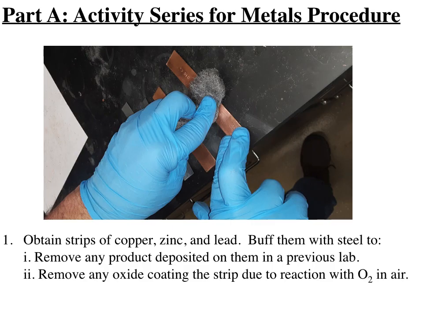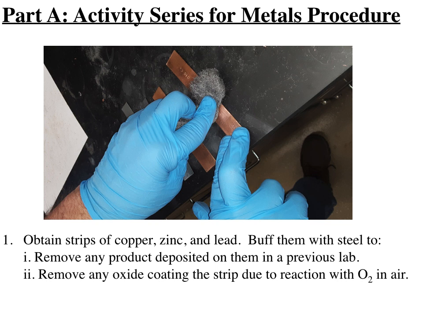These slides refer to the instructions on page 48, Part A, Activity Series for Metals. What you first do is obtain a strip of lead, a strip of zinc, and a strip of copper.